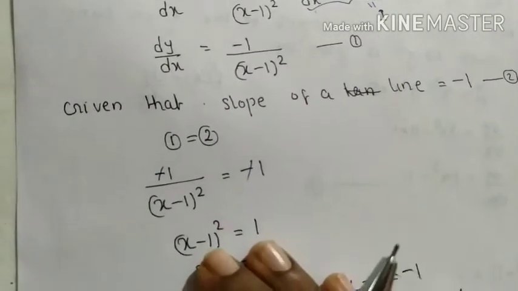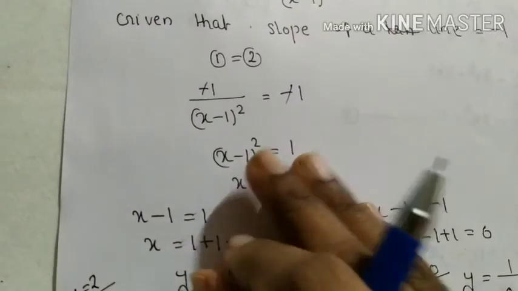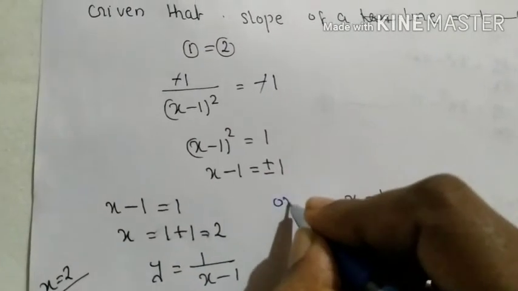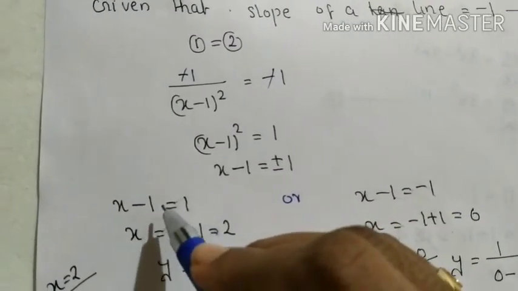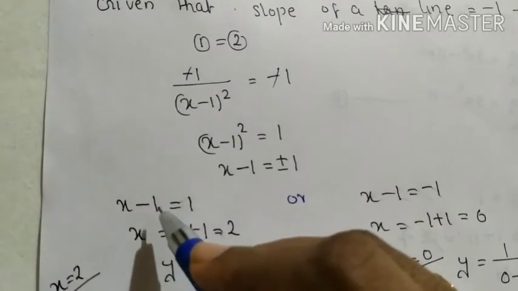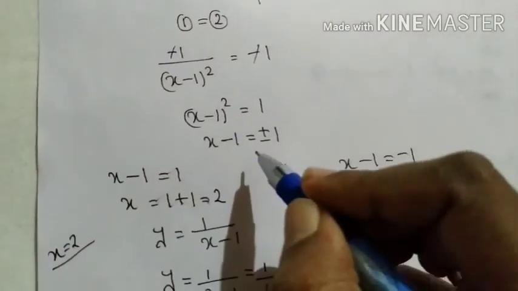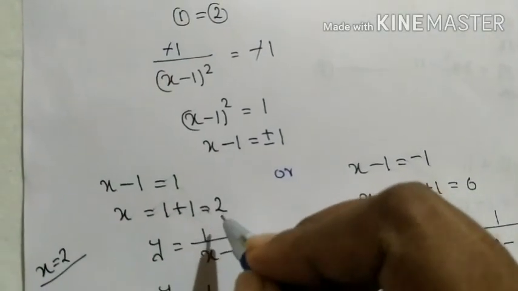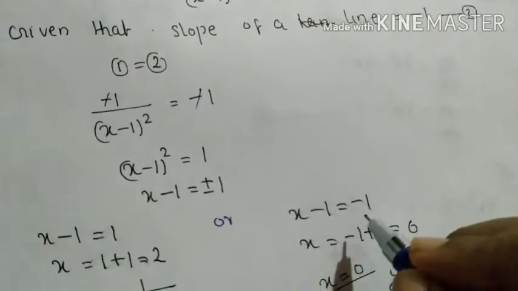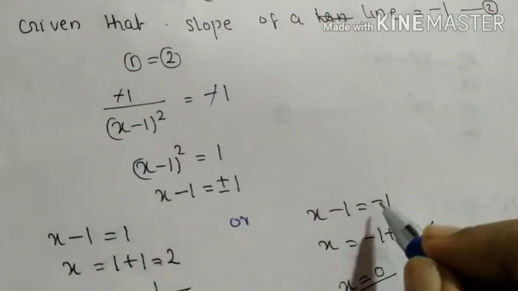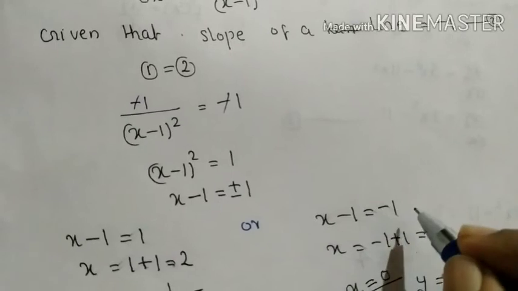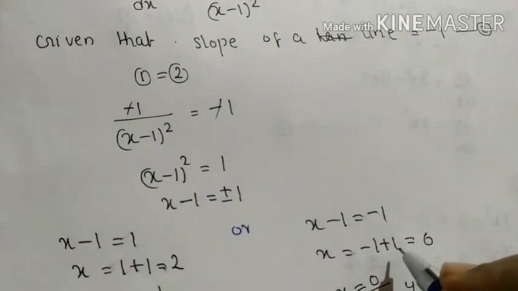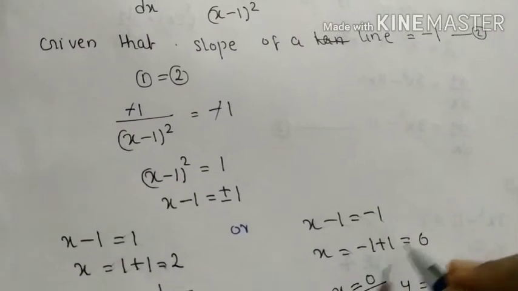So we get two equations: x minus 1 equal to 1 or x minus 1 equal to minus 1. From x minus 1 equal to 1, taking minus 1 to the RHS, we get x equal to 1 plus 1, that is 2. From x minus 1 equal to minus 1, x equal to minus 1 plus 1, which cancel each other, and the value of x will be 0.